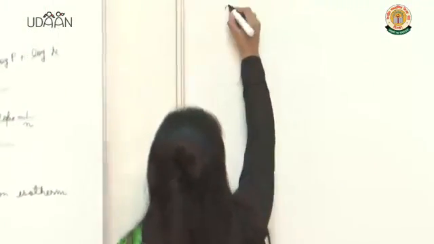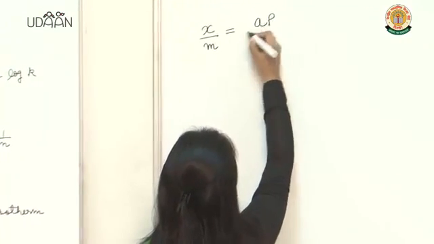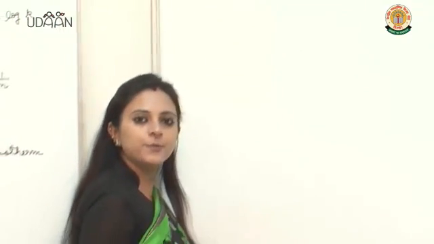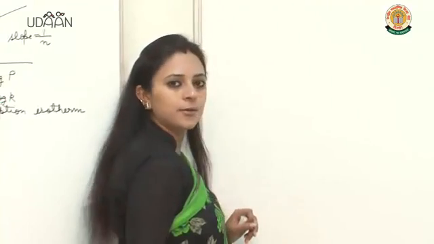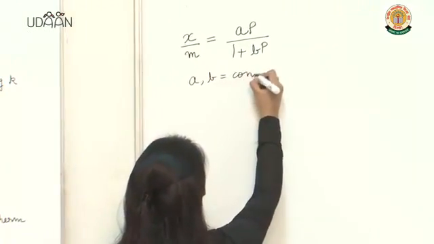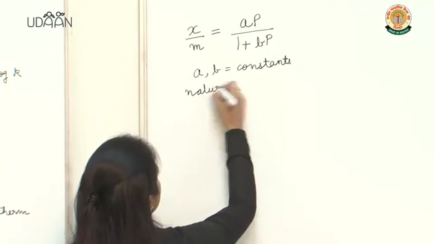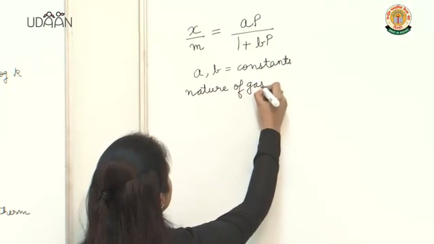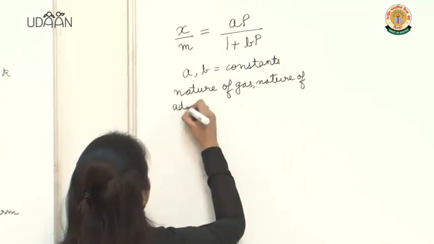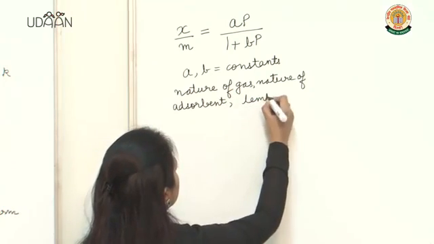So, x by m is equal to aP upon 1 plus bP. So, this is the expression for Langmuir adsorption isotherm, where a and b are constants and they depend upon the nature of gas, the nature of adsorbent, and they depend upon the temperature.